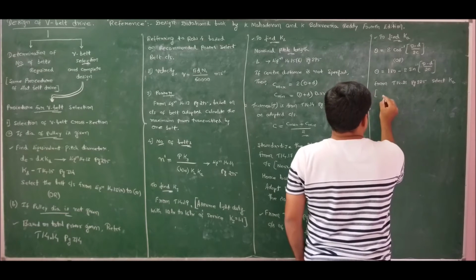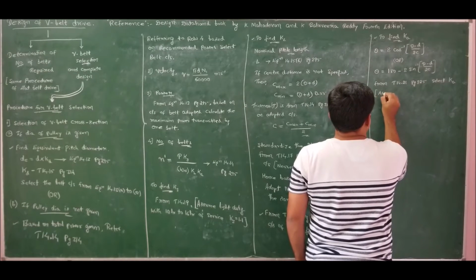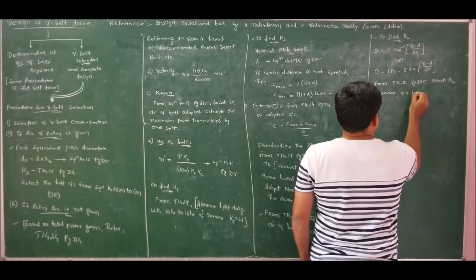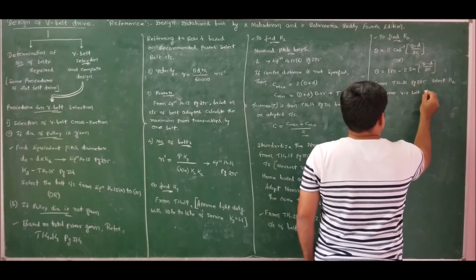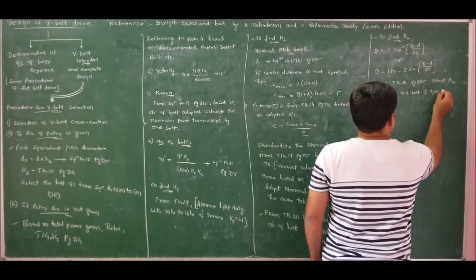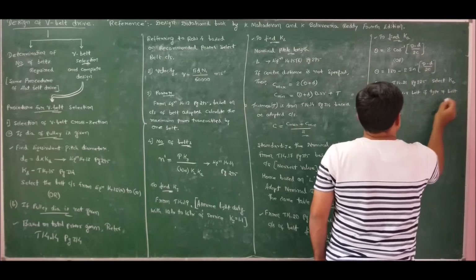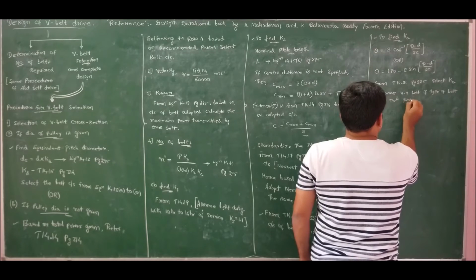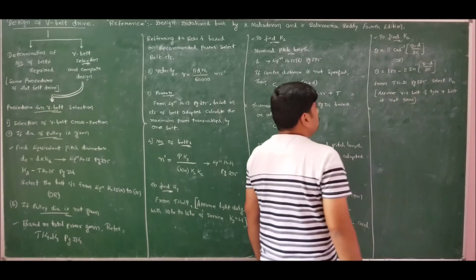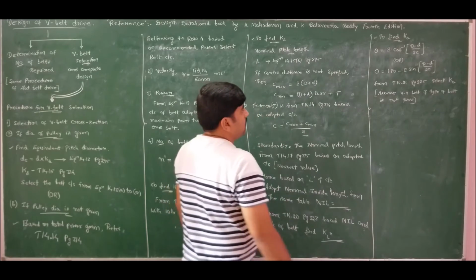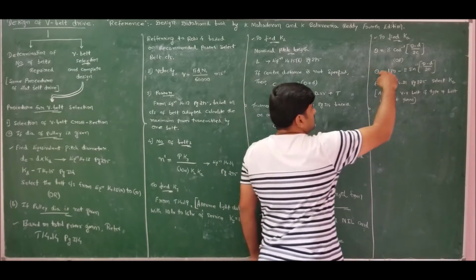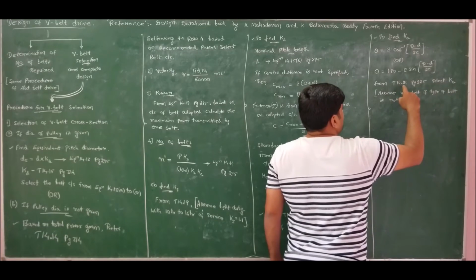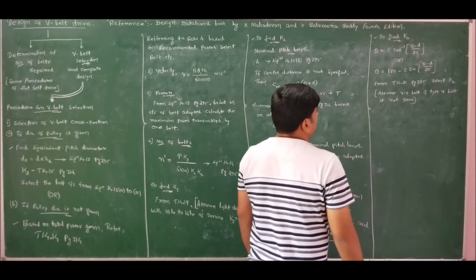If type of belt is not given, always assume VV belt. Based on the value of theta in degrees and VV belt, you can find the value of Ka from table 14.21, referring to page 325.